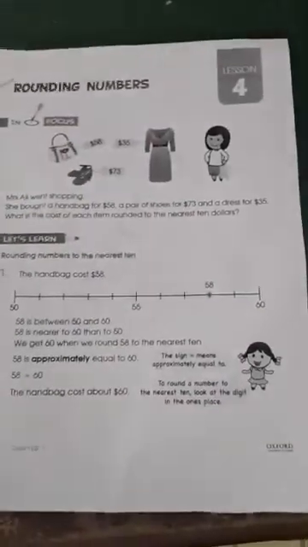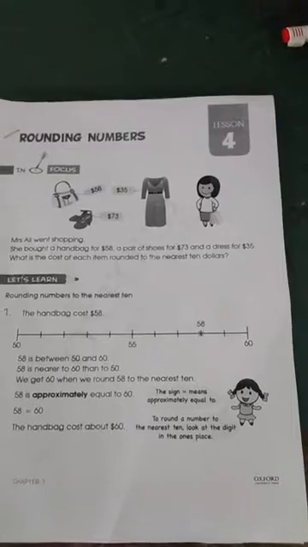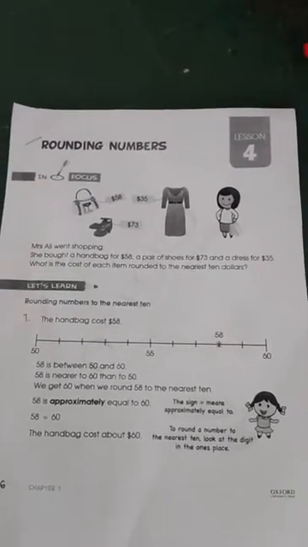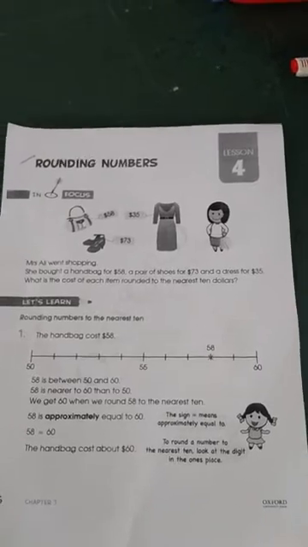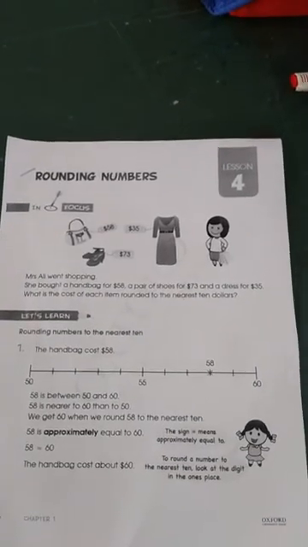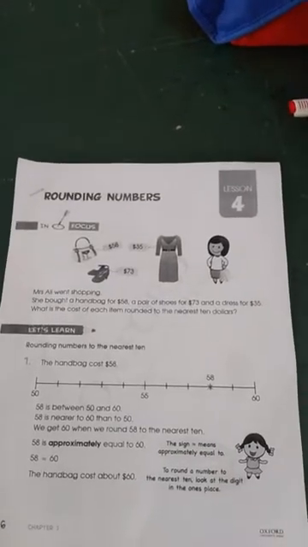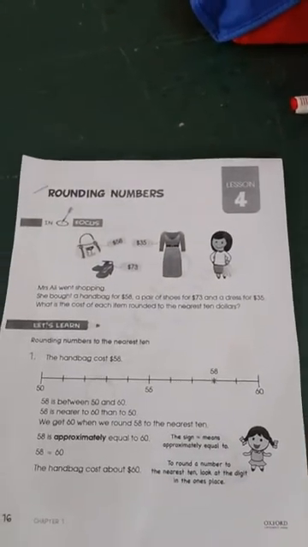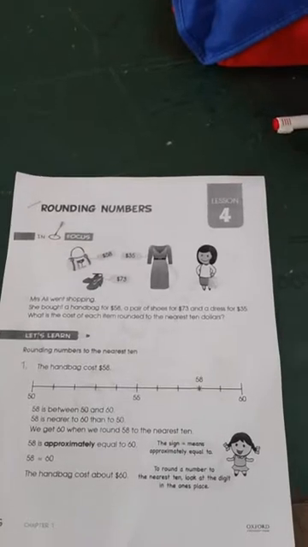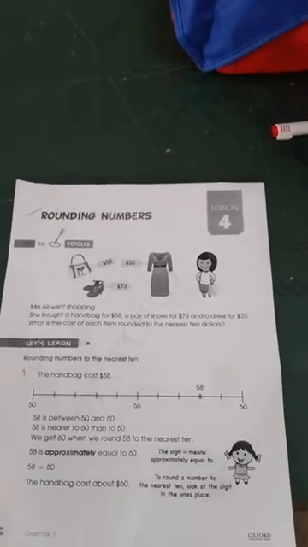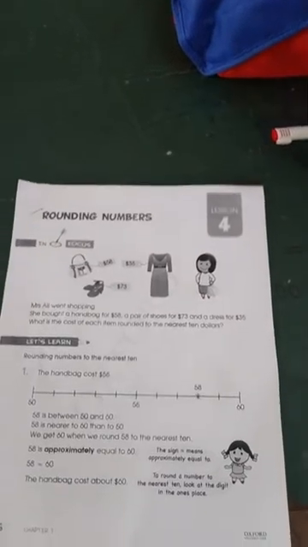As I told you earlier, when we have to round off the number, we have to look in the ones place to see which number is there. If there is a 0, 1, 2, 3, 4, we have to count backward or lower tens. If there is a 5, 6, 7, 8, 9, we have to count forward or higher tens.